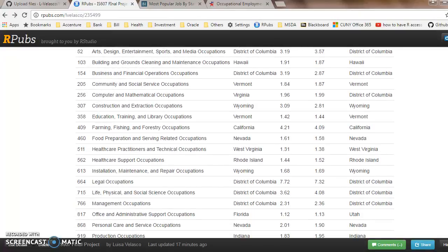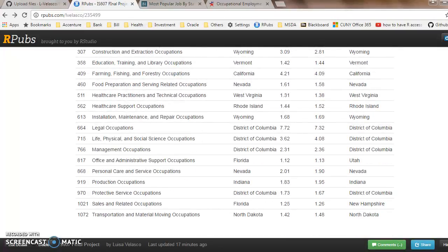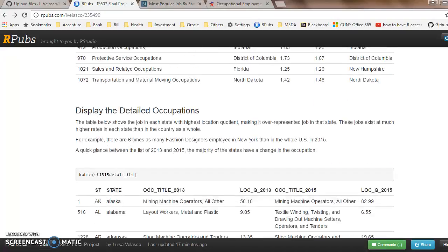District of Columbia is one third of this list, and it's the same in 2013 and 2015. In 2013, Florida has the most in office and administrative support occupations, as well as in sales, but in 2015, Utah and New Hampshire figured in this list. So that's just an extra that I have done. Now I go to the detailed occupations.